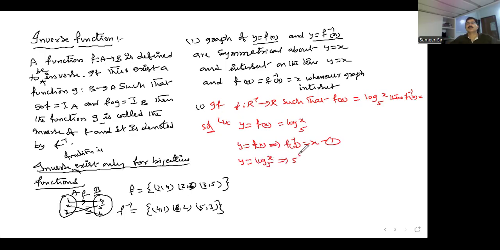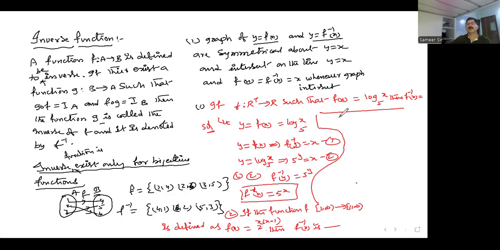It can be written as 5 to the power of y is equal to x, this is 2. From 1 and 2, what you can write? f inverse y is equal to 5 to the power of y. That means f inverse x is equal to how much? 5 to the power of x. Okay, like this we are going to find the inverse. We'll go for the next problem.